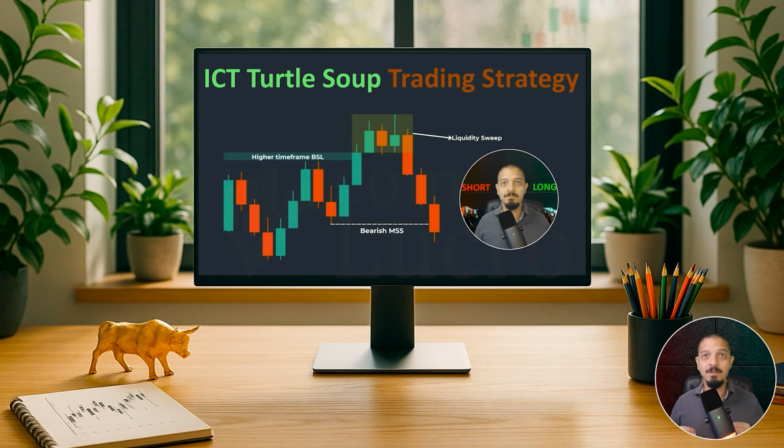Before we wrap this up, it is important to understand that ICT's optimal trading zone and optimal trade entry are not isolated concepts. They are part of a broader framework built around liquidity, market structure, and institutional behavior. While this model focuses on price swings, Fibonacci retracements, and precise entry placement, the same logic applies to many high-probability setups based on liquidity manipulation and false moves.